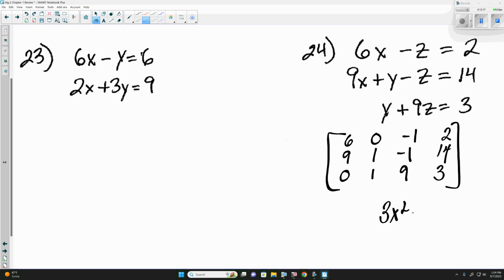And it is a 3 by 4. Yeah, no, it's just offset. Any other questions on 19 through 24? Questions on 25 through 29?